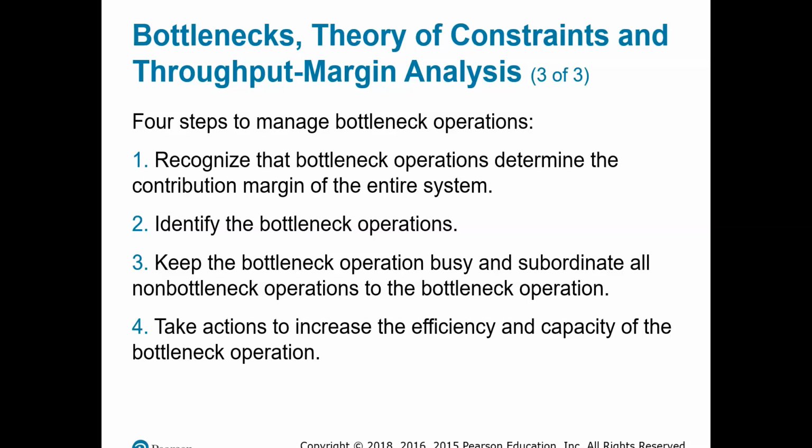Maybe we can increase the bottleneck operation's output by converting another machine, if another machine is able to be converted to do the exact same thing as Department C. Let's say Department B has a machine or equipment that can do the processes in Department B as well as in Department C. Maybe by converting that machine at times, switching it back and forth and doing setups for that activity, and converting it to something that Department C needs.